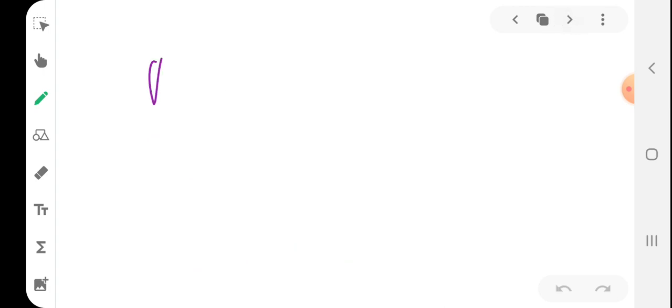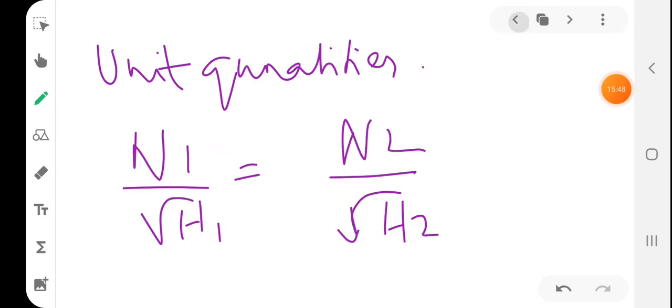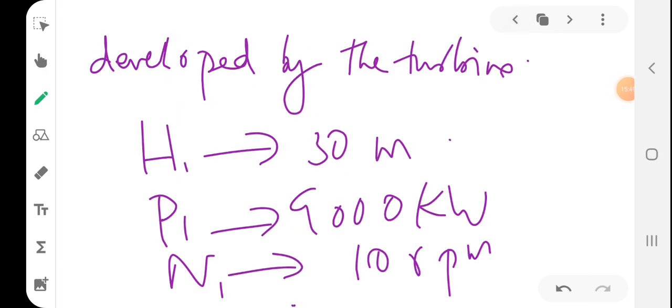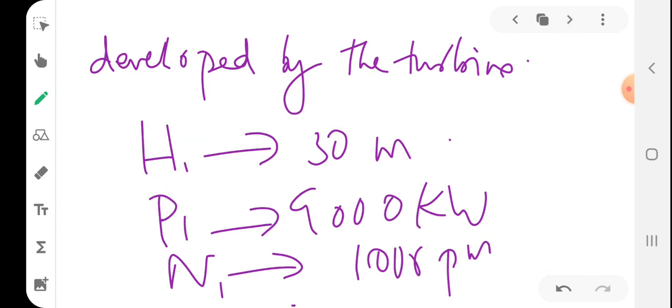So you will get N2 as, actually N1. Sorry, my mistake. The N1 is 100 RPM. In the question I have written 10 RPM, so that was a mistake. So actually the speed of the turbine under the head 30 meter is 100 RPM.